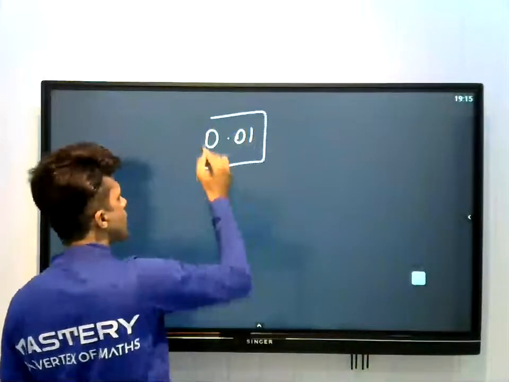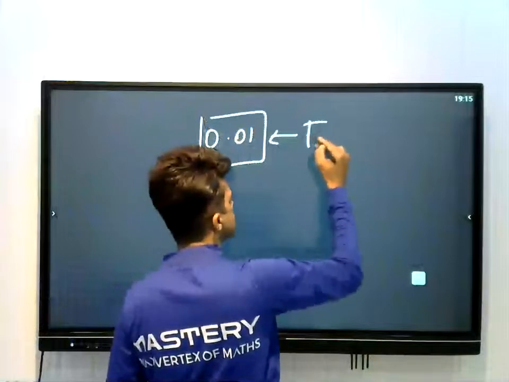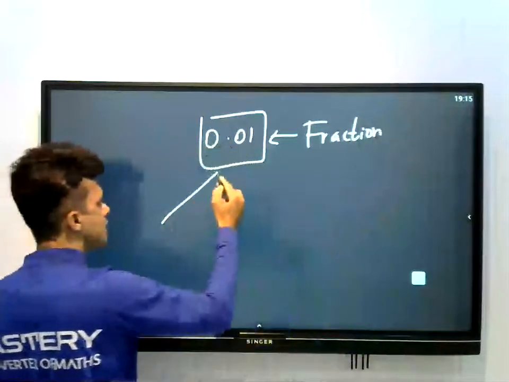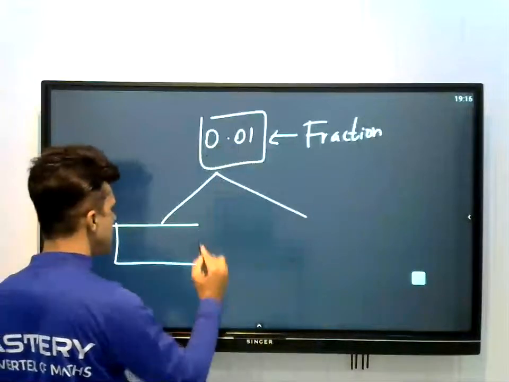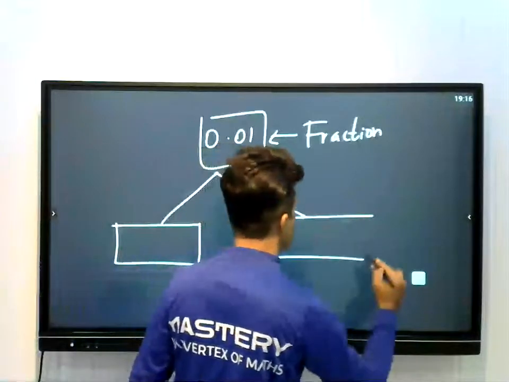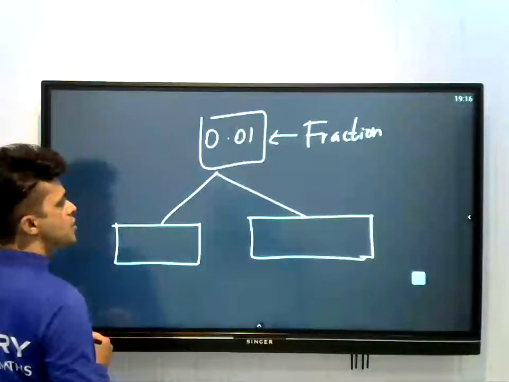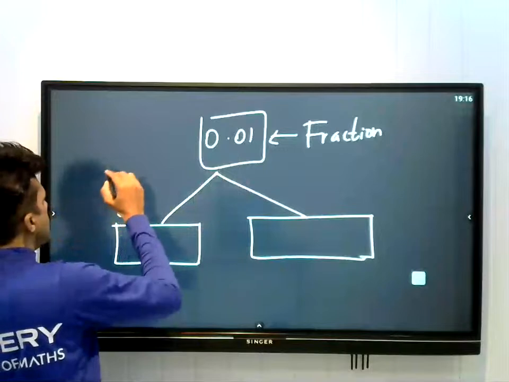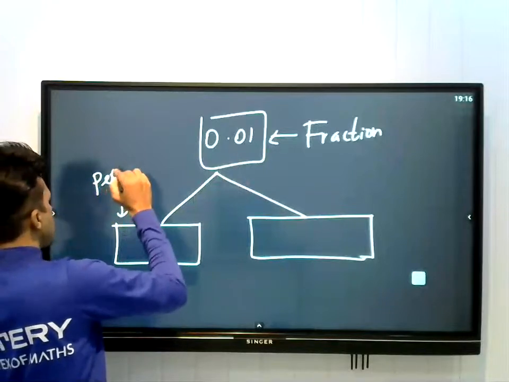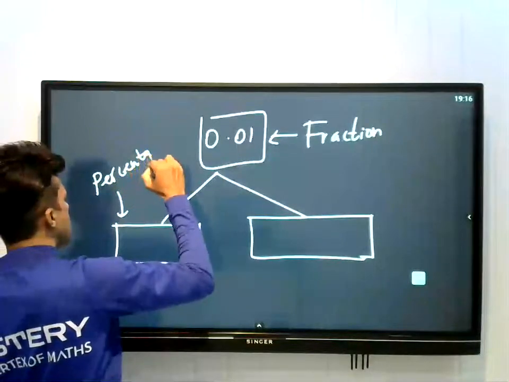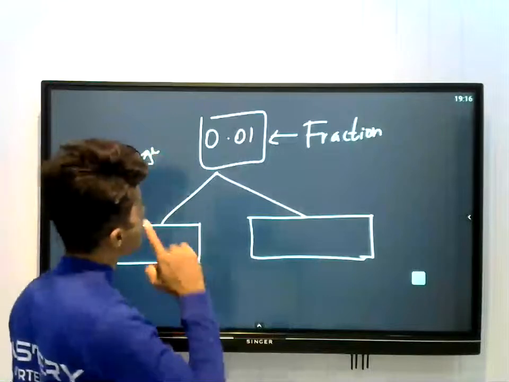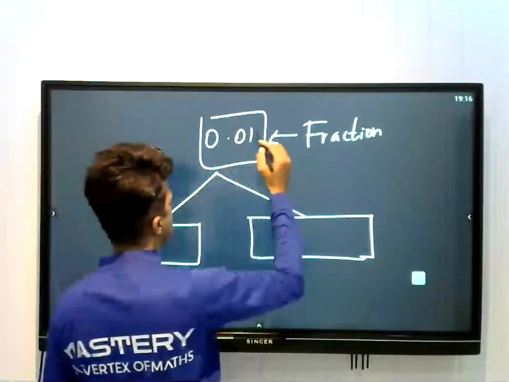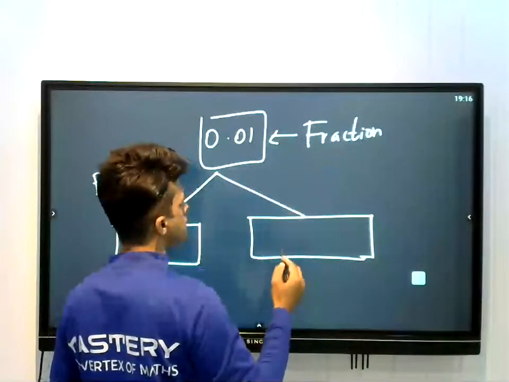0.01. This is the decimal number. Let's get the related percentage and the fraction.